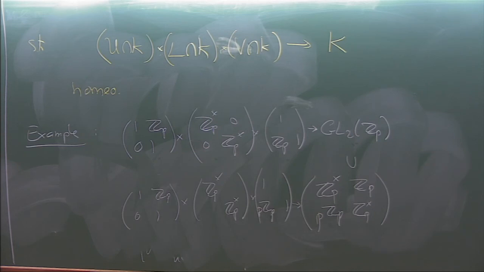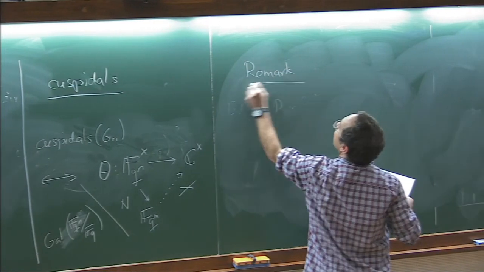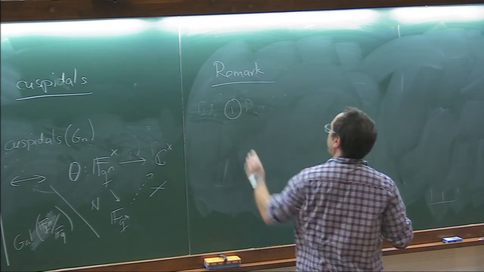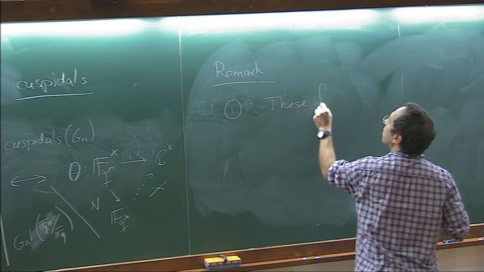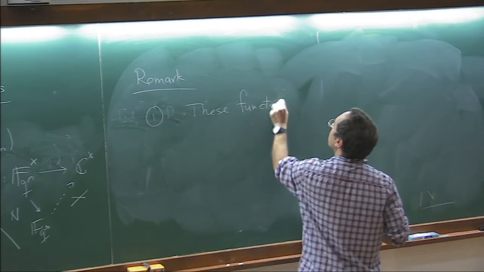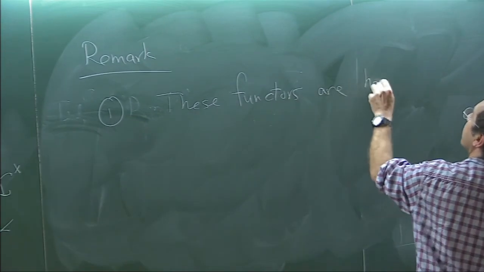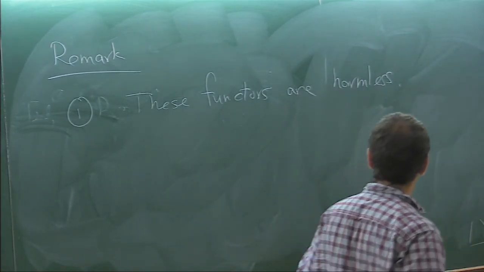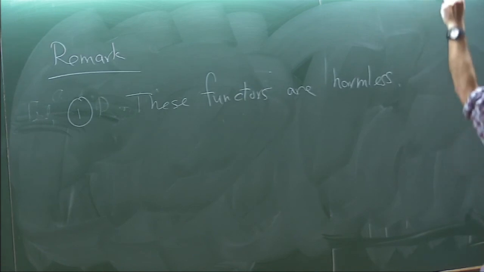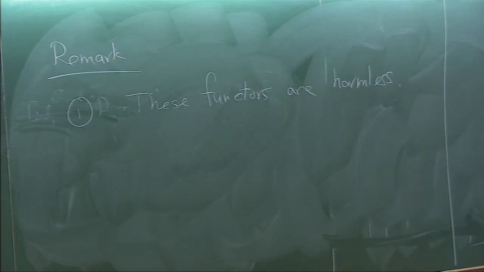Okay, so I forgot to say some things. So here's a remark. The first thing is that these functors are harmless. It's important to know that we didn't do any damage.